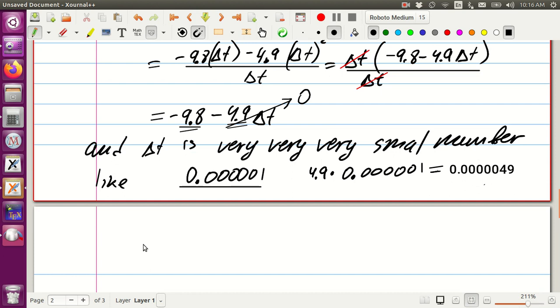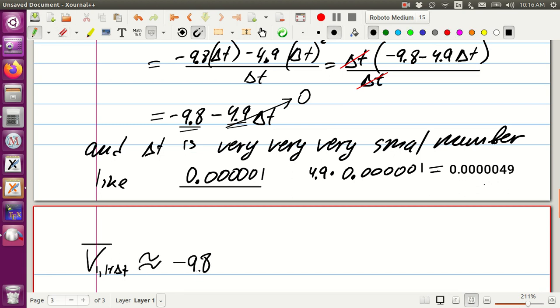We can say that the average velocity between 1 and 1 plus delta t is very close to negative 9.8, very close to negative 9.8 meters per second. And why is velocity negative in general here? Because the object is going down, and our positive direction in the vertical space is up.